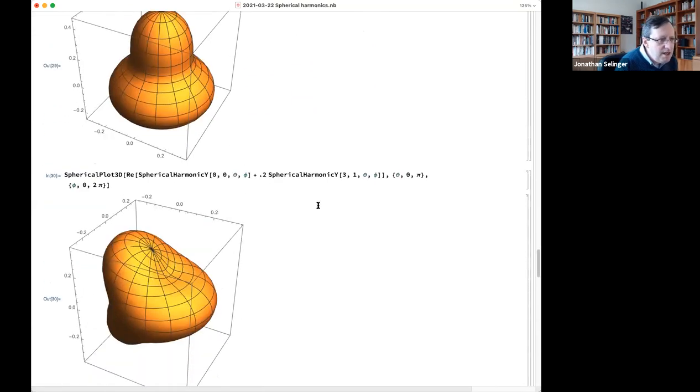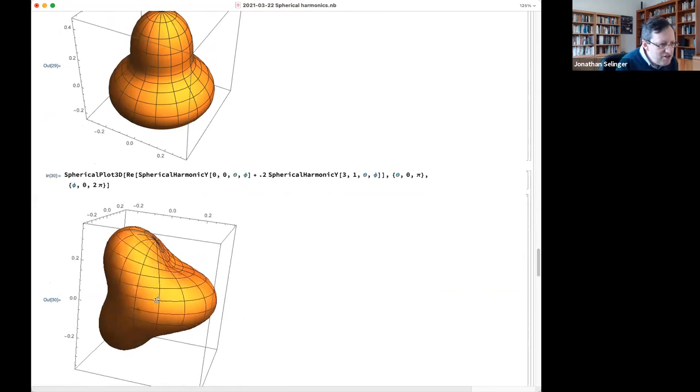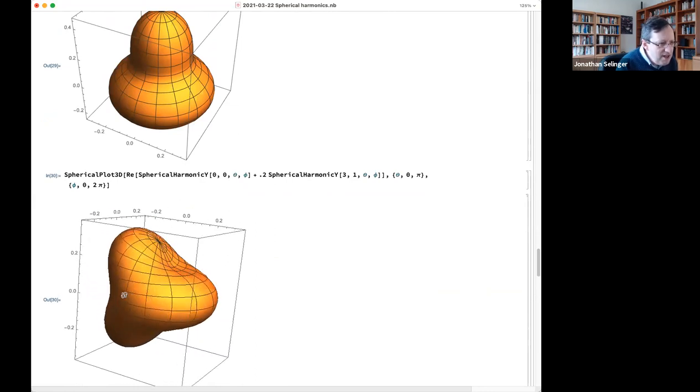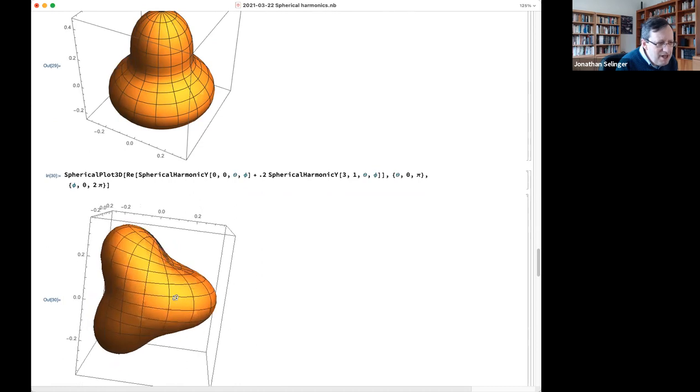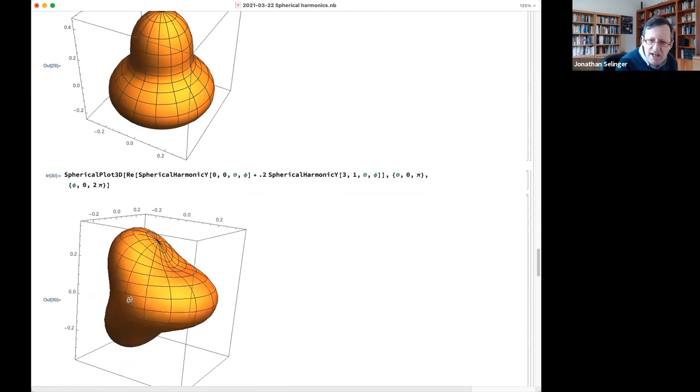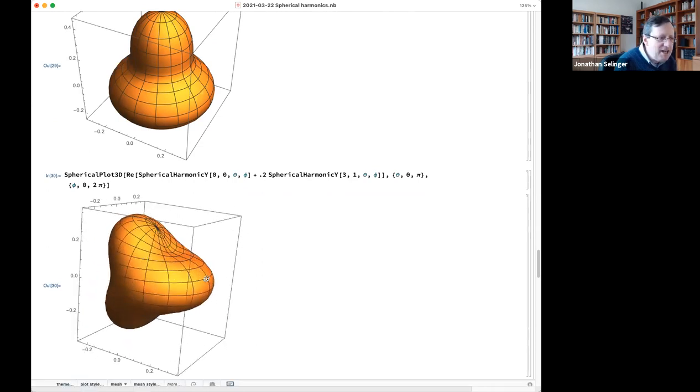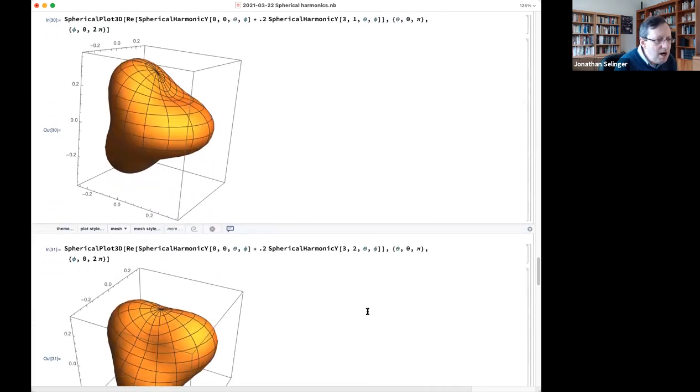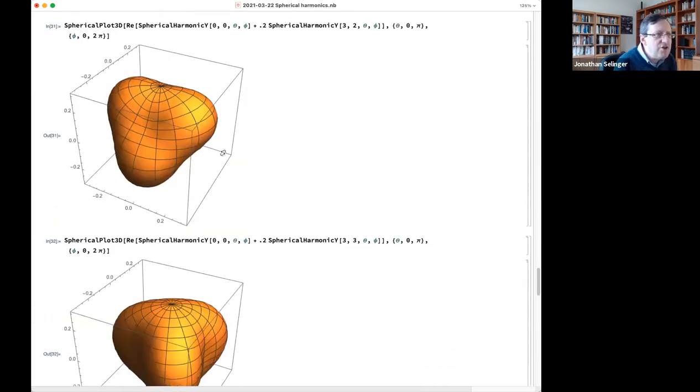And then here are some other examples. L equals 3, M equals 1. So this makes this thing with a threefold extension in the XZ plane. Here is 3, 2.